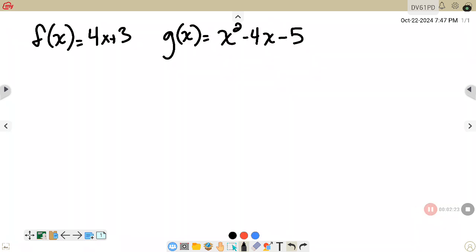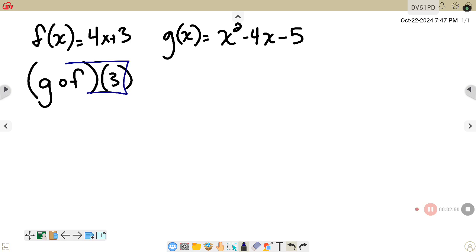All right, in this next problem, my functions are f of x equals 4x plus 3 and g of x equals x squared minus 4x minus 5. And we are going to find g of f of 3. So the steps are the same. Doesn't matter, g of f, f of g, you are always finding what is in that position first.